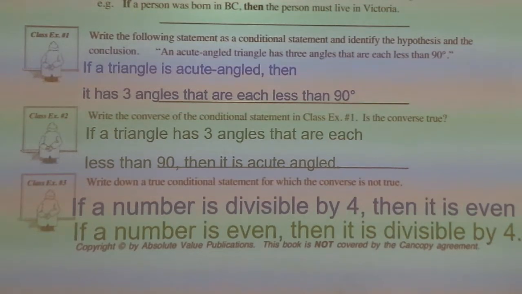Is that true or false? That's false. Give me a number that's even that's not divisible by 4. 6. 6 is an even number, but it's not divisible by 4. So there's an example of a conditional statement in which the converse is not true, but the original statement was.